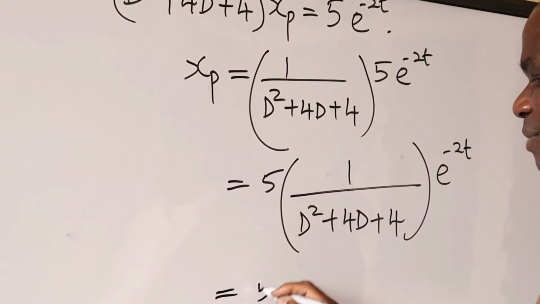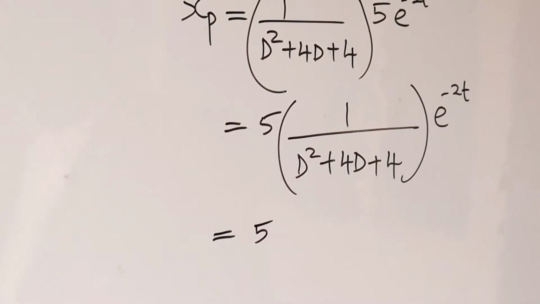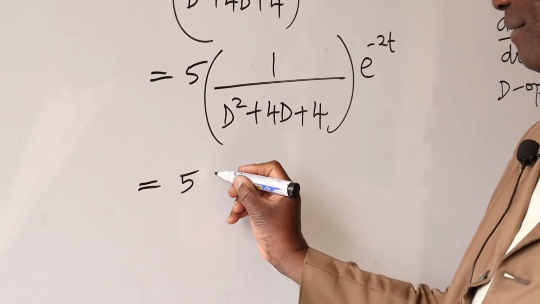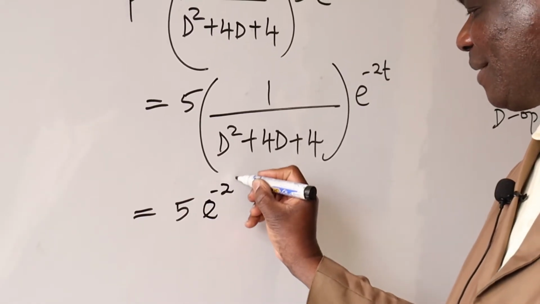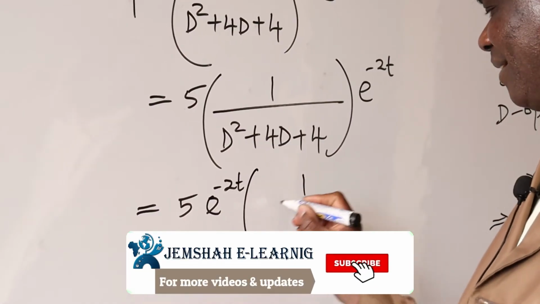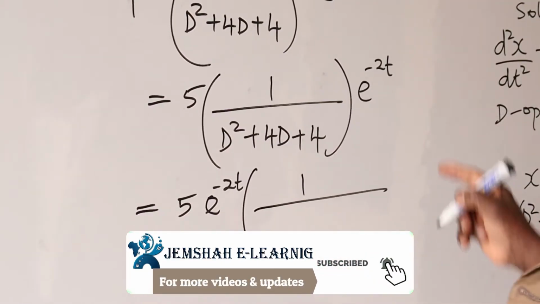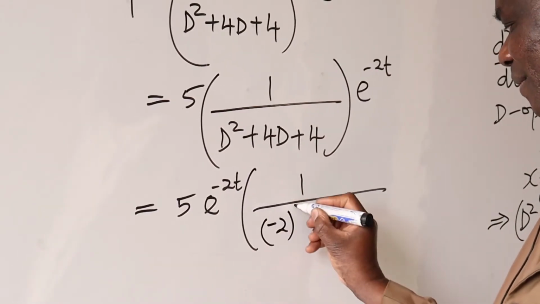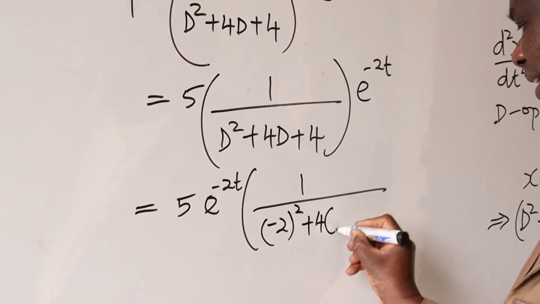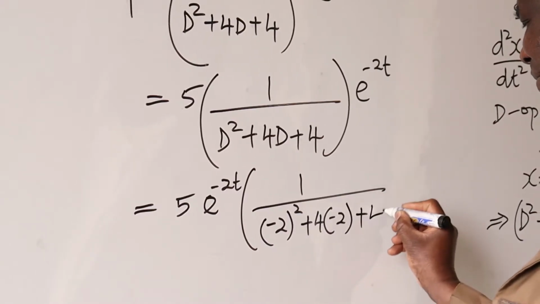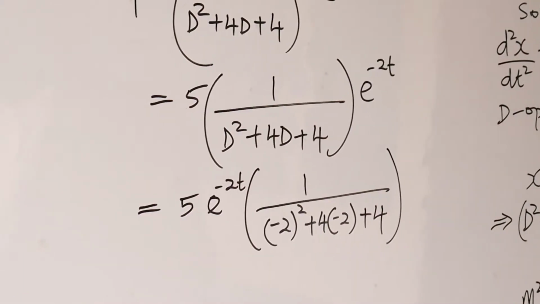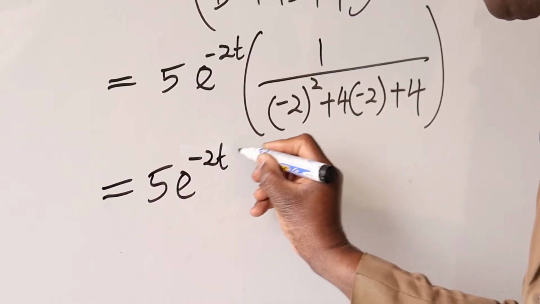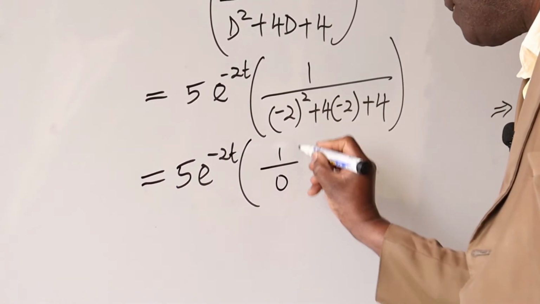Because that is a pure exponential, we use theorem 1. So we are going to have a scenario where this exponential negative 2t passes. We have 1 all over... where there is d, we insert a, and our a is -2. So it is (-2) squared plus 4 into -2 plus 4, which is equal to 5 exponential negative 2t into 1 all over 0.